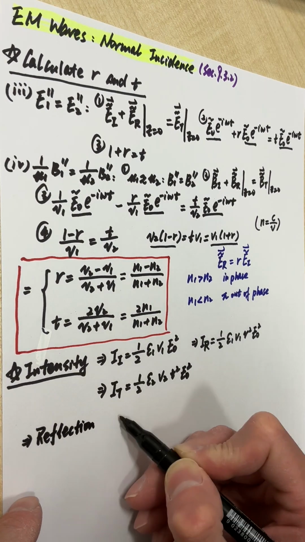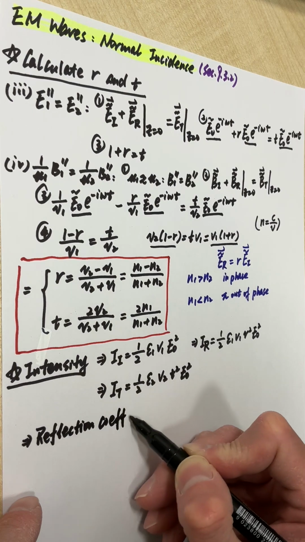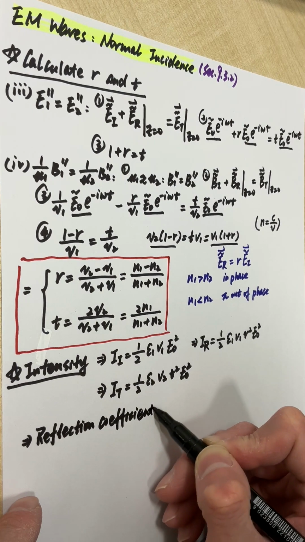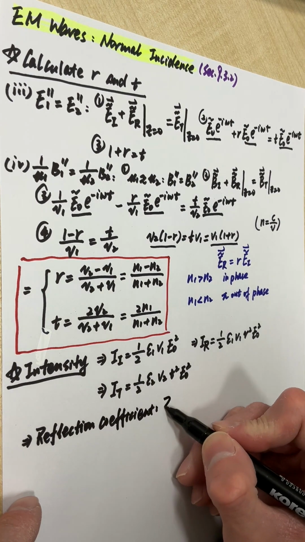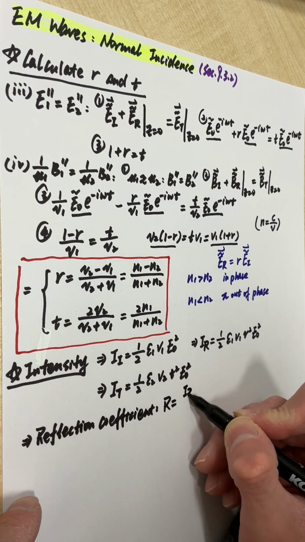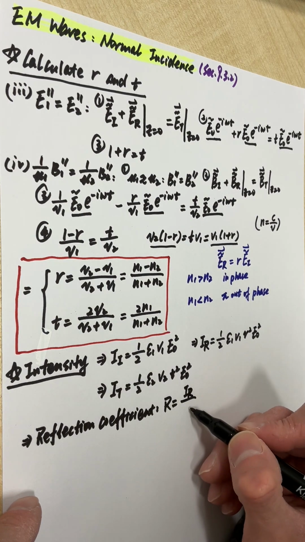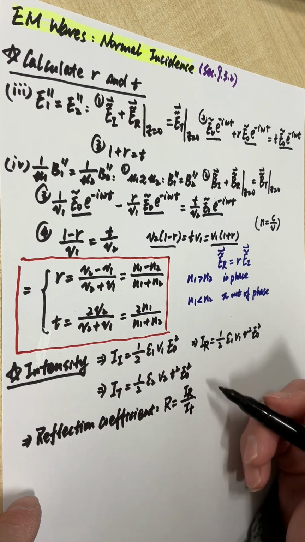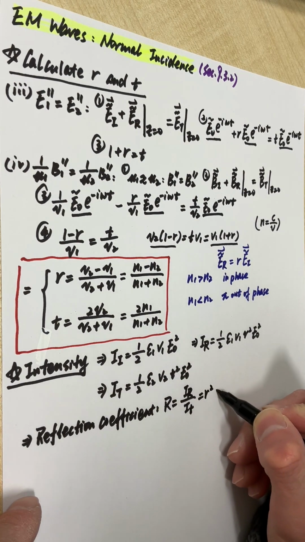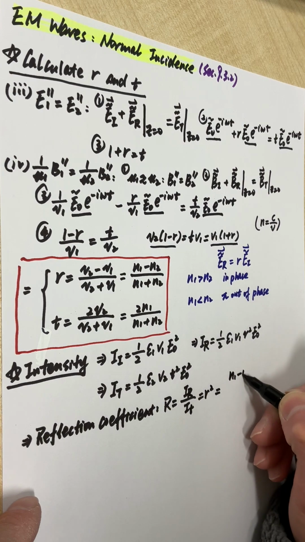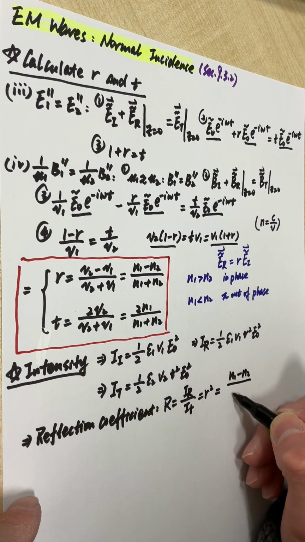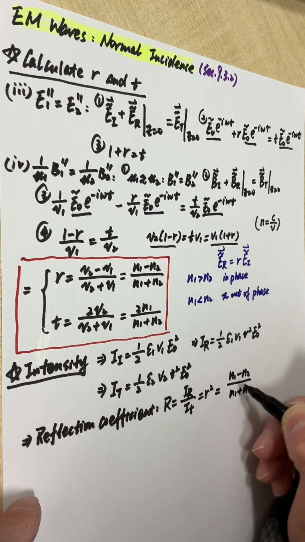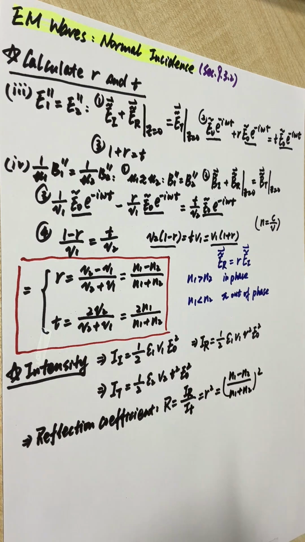Right, so now we have the definition of the reflection coefficient, which is given by R equals IR divided by I. So IR divided by I is just R squared. So I have N1 minus N2 divided by N1 plus N2, squared.